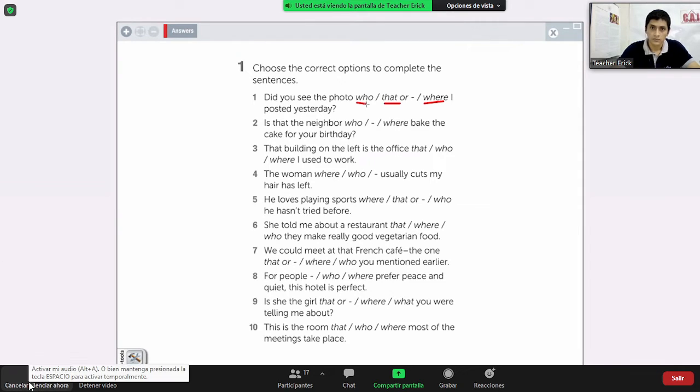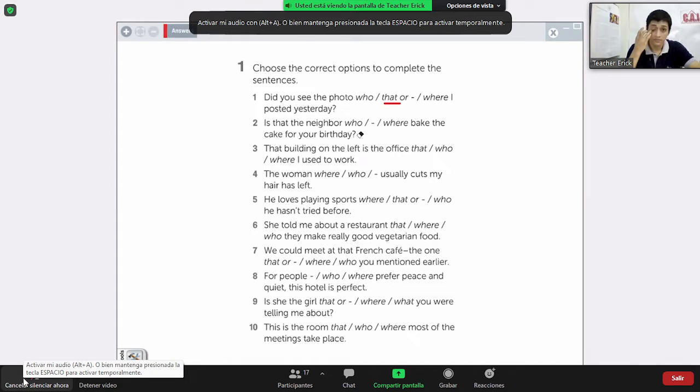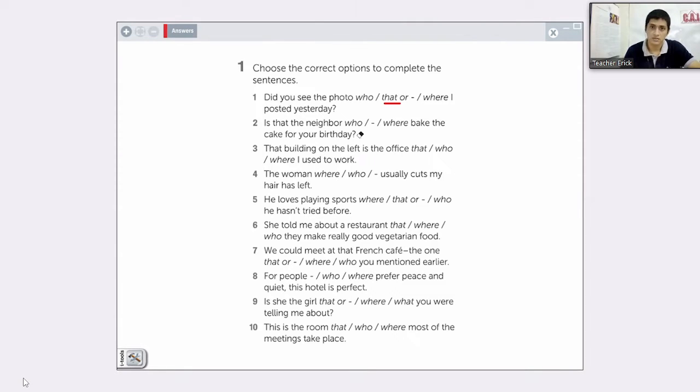Which one do you think is correct? That, or hyphen. Did you see the photo that I posted yesterday? That refers to the photo, right? Yes, you're right. So number 1 is that.